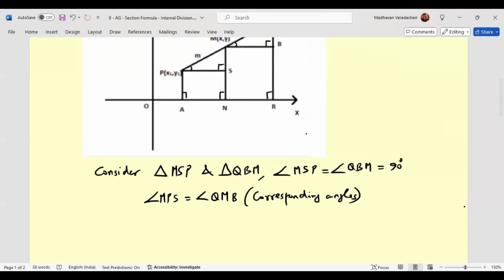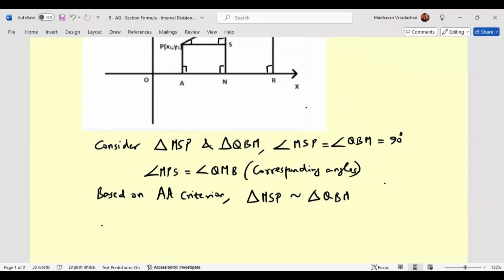So, based on the angle criterion, we can conclude triangle MSP is similar to triangle QBM.